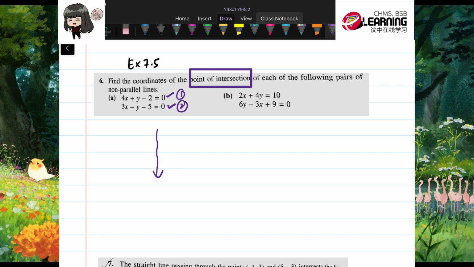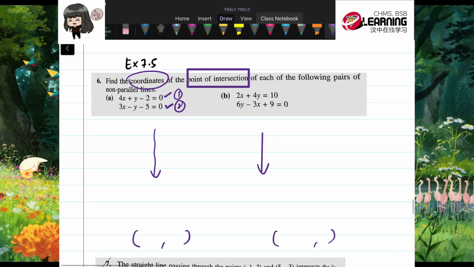This will be your homework, and also 6b, because these two linear equations are simple enough for you to do simultaneous equations. Don't forget, after you find your x and y, leave it in coordinate form. This will be your homework.